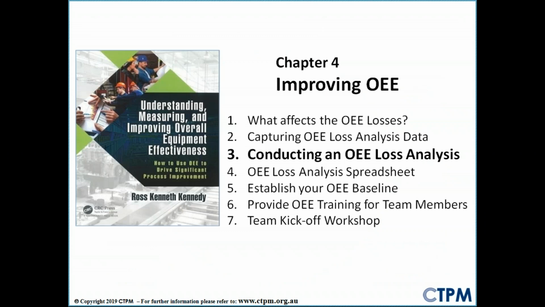It is based on my book called Understanding, Measuring and Improving Overall Equipment Effectiveness, published about 18 months ago in America, and available worldwide on all major book distribution places or through CTPM. Chapter 4 is very much about improving OEE and conducting an OEE loss analysis, and some of the things I'll be talking about today are covered in the book in much more detail.